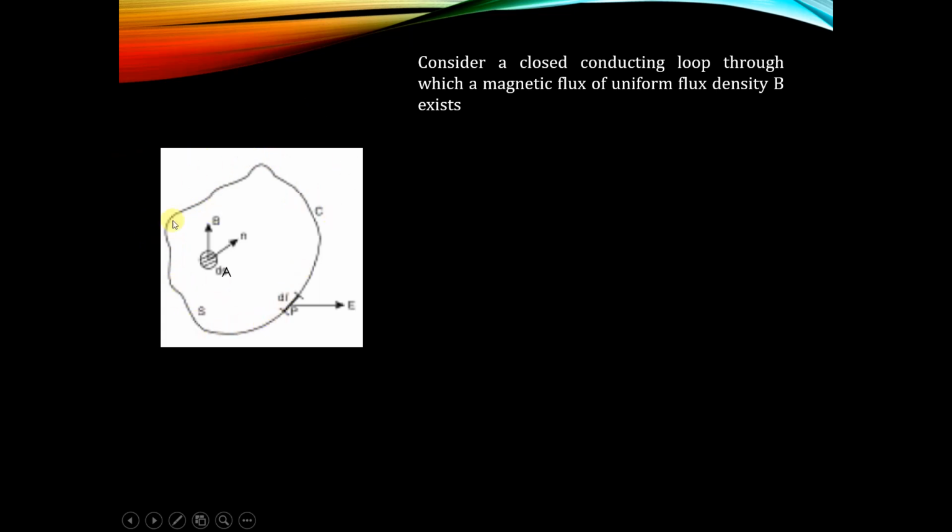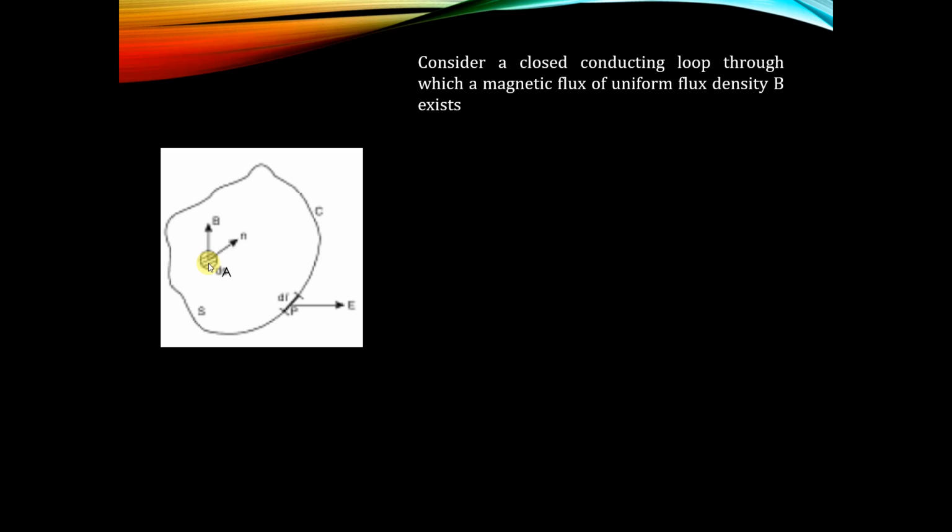We have the curve representing the loop. We have a small element dl, and we consider the point P here. There is an electric field acting outward. And let's have a small elemental area dA within this loop. And we have the magnetic field acting over here at that elemental area.